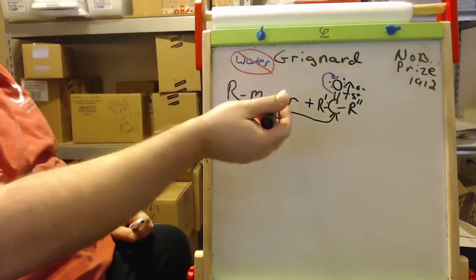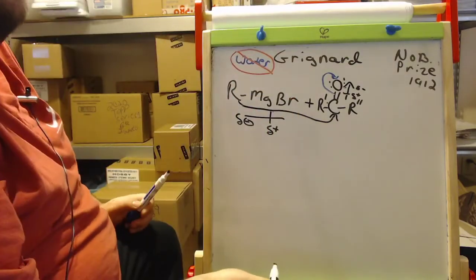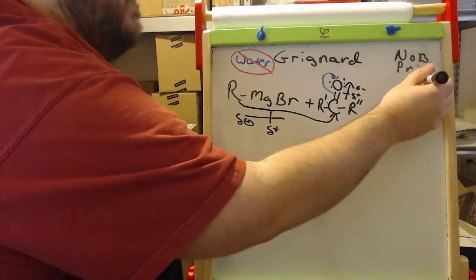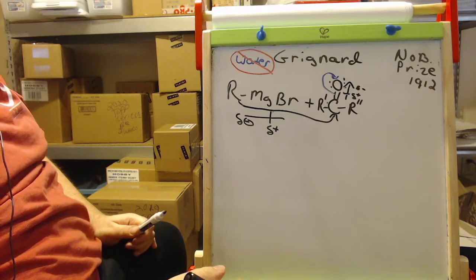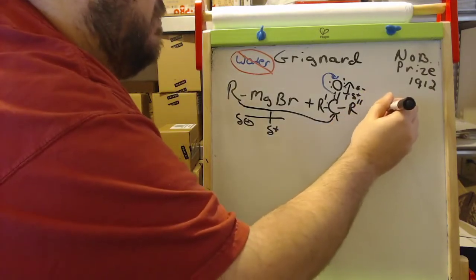By the way, if I ask for a mechanism, this is what I'm talking about: drawing arrows in. Great at your last lab report, some of you wrote me chemical reactions when I asked for mechanisms. All right, so we're going to get an intermediate here.